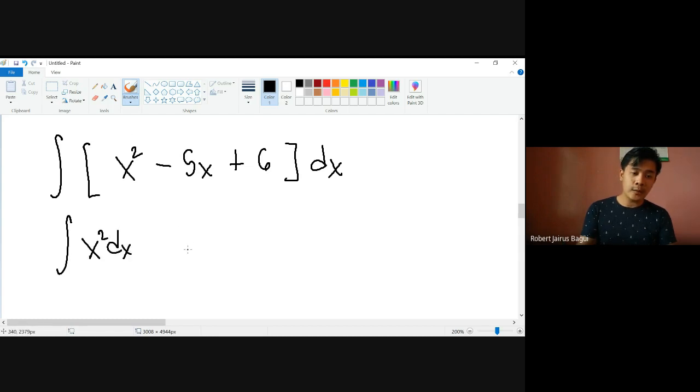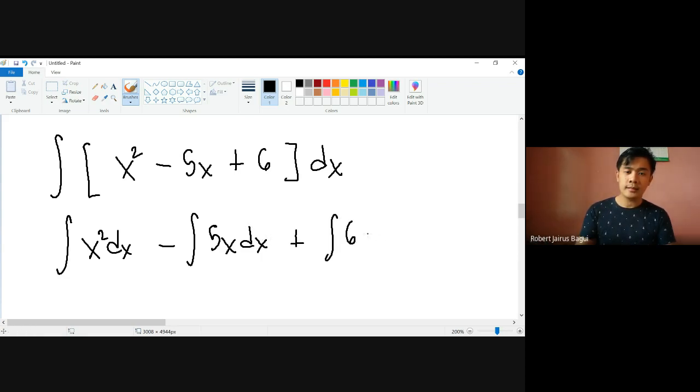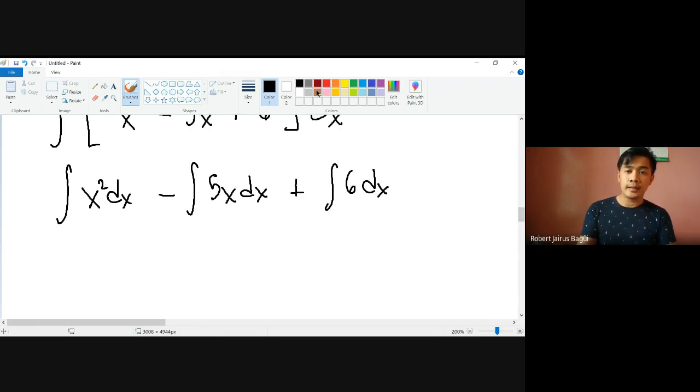So, integral of x squared dx minus 5x. So, parang may integral din 'to, integral of 5x dx plus integral ni 6 dx. So, parang ganyan na nangyari. So, equal sign natin. So, x squared will be x raised to 2 plus 1 all over 2 plus 1.